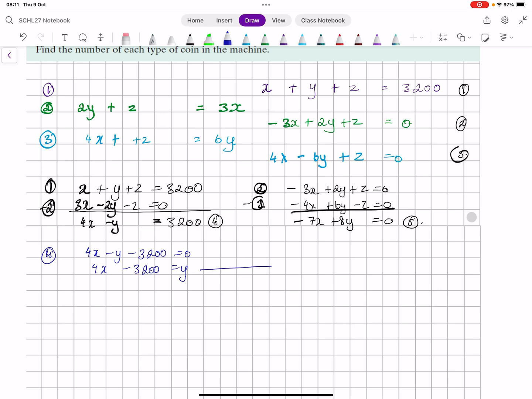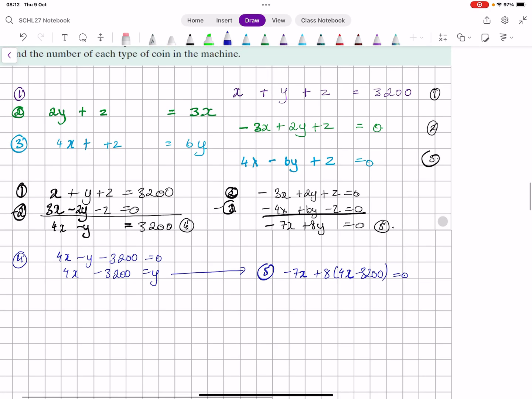I can substitute that into equation 5, and I get minus 7X plus 8 times 4X minus 3,200 equals 0. Now I expand that to evaluate it.